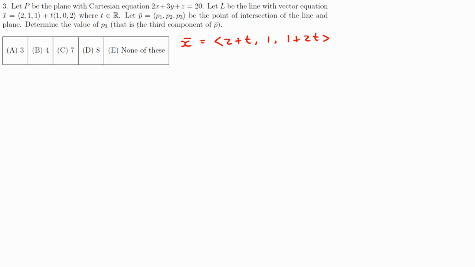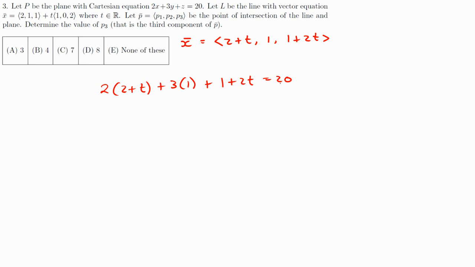Now, this line and this Cartesian plane will intersect where the x components, y components, and then z components are all the same. So, in other words, I can put this x into this x. Okay? So 2 times 2 plus t plus 3 times the y component, which is 1, plus the z component, which is 1 plus 2t, must be equal to 20.